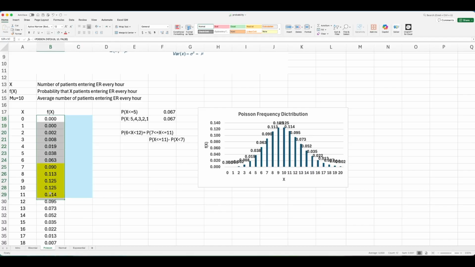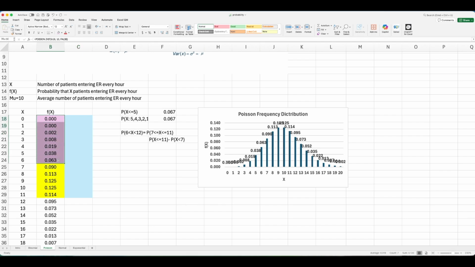If I add these numbers together, that gives me the probability of X being less than or equal to 11, which includes 11. The probability of X less than 7 is these numbers.